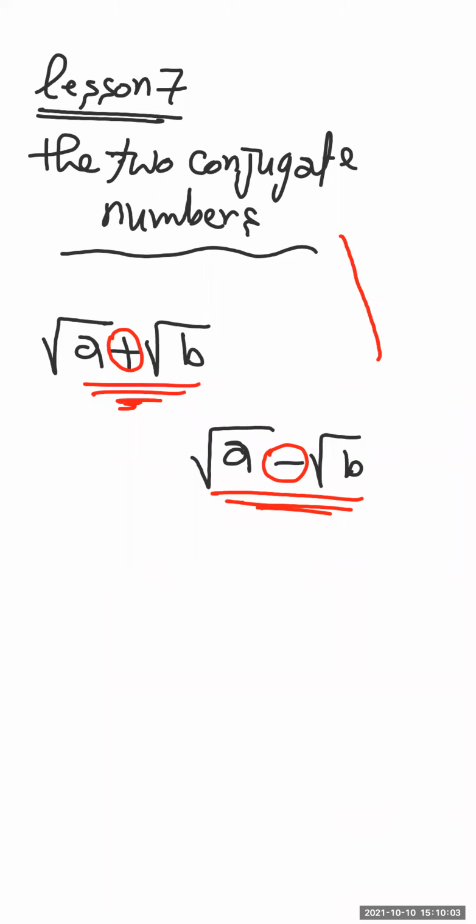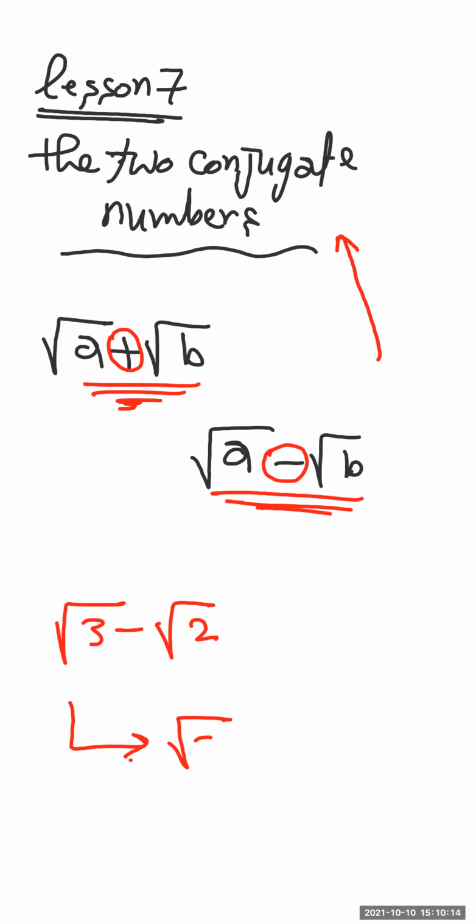So square root of a plus square root of b and square root of a minus square root of b are two conjugate numbers. This means simply if there's a number like square root of 3 minus square root of 2, and I want to get the conjugate for this one, it will be square root of 3 plus square root of 2. One more example like that one.